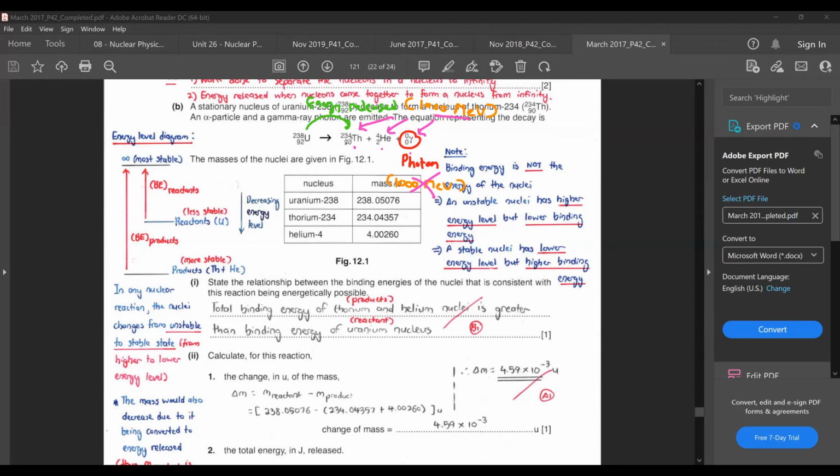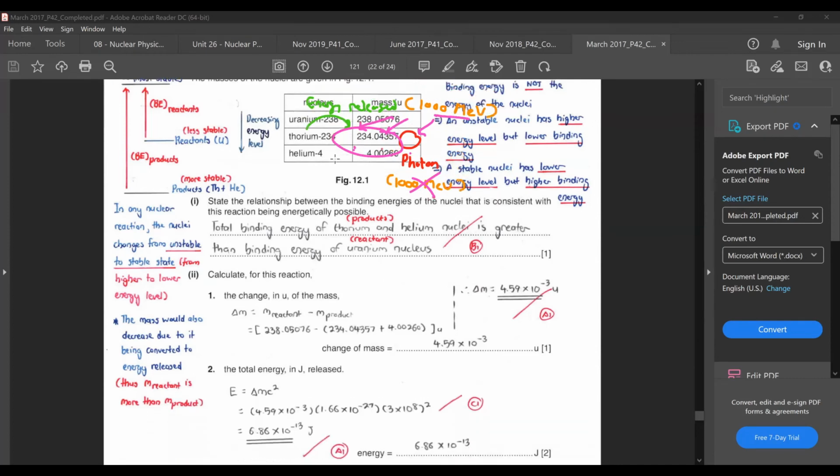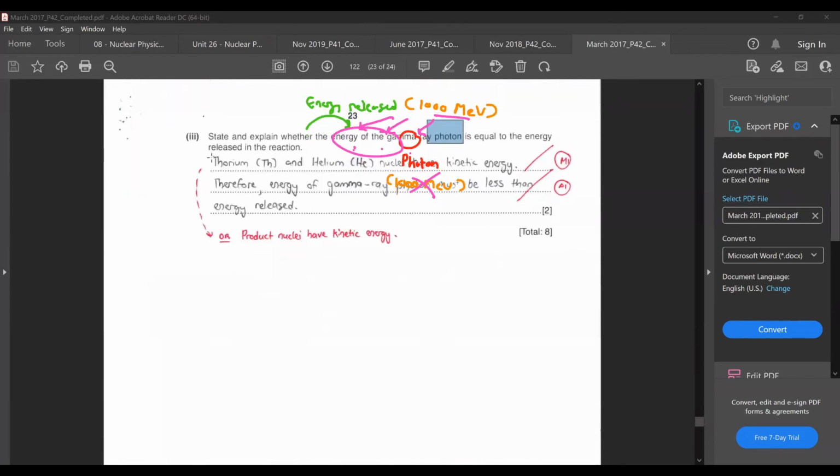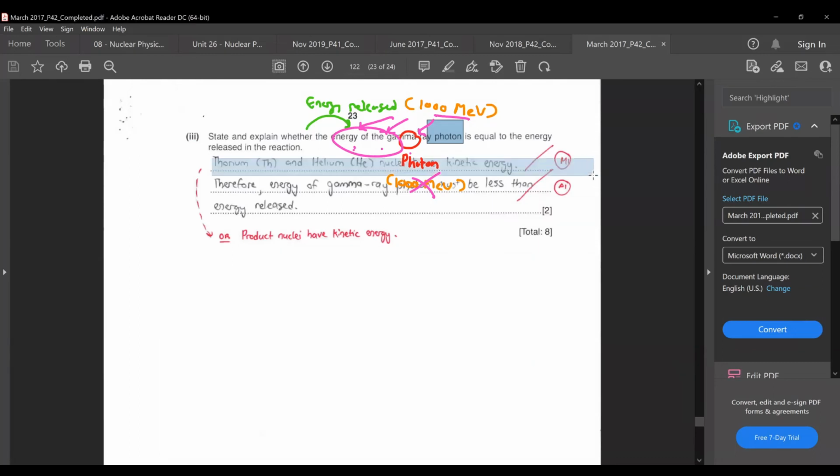In your case, part of the energy will go into thorium and helium, in the form of kinetic energy. So it is correct to say that thorium and helium nuclei have kinetic energy. It is taking part of your energy release.